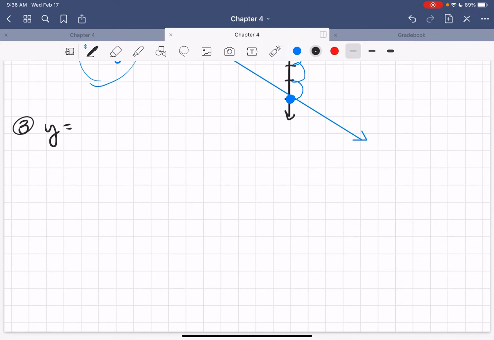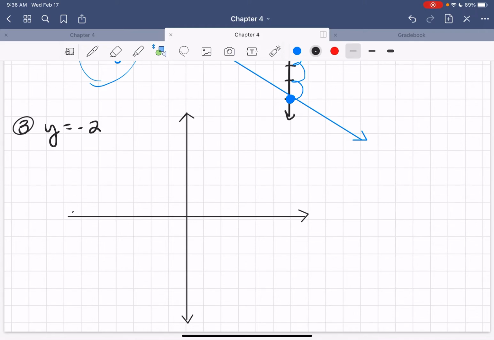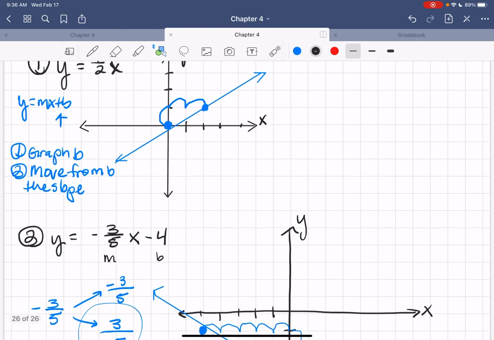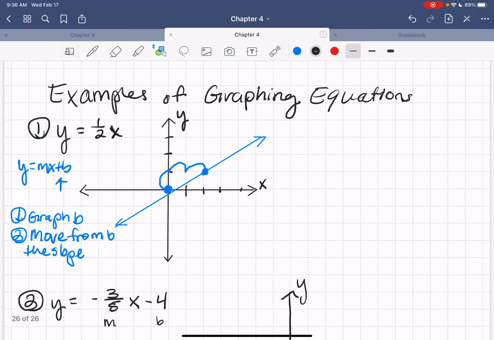If they give you y equals -2, these can be tricky if you don't know the pattern, but we have a pattern that makes these not too difficult. So remember up here, way up here, when I was like, oh, the b must be 0 because I can't see it.